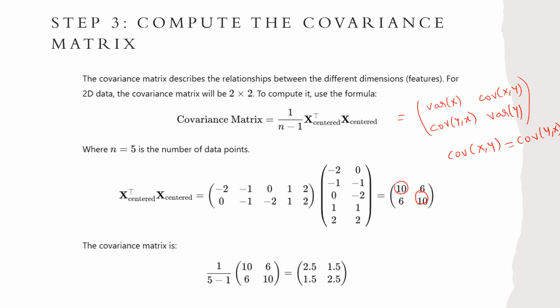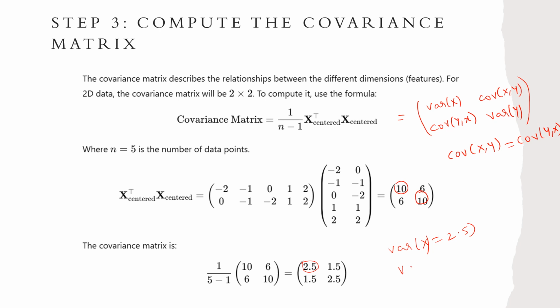So I need to divide this by n minus 1, where n is my number of data points. So I'll get the variance of x as 2.5.